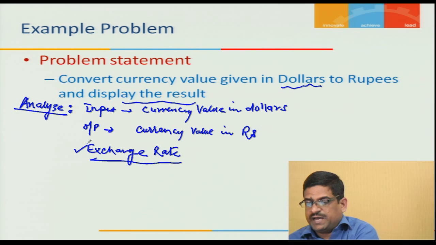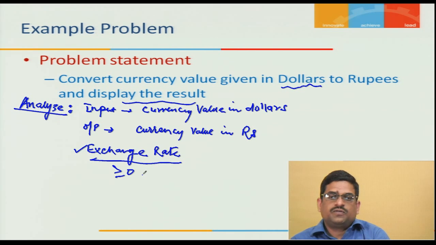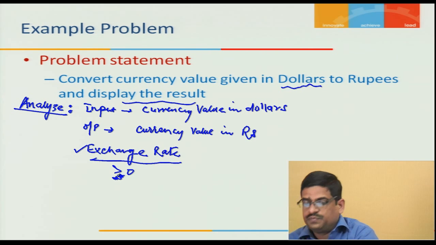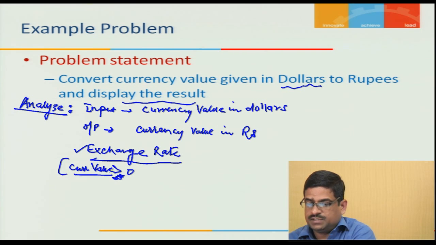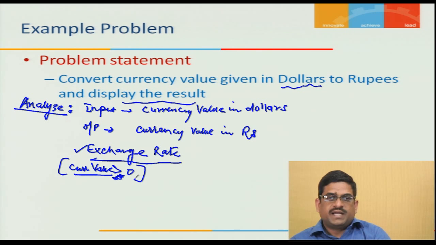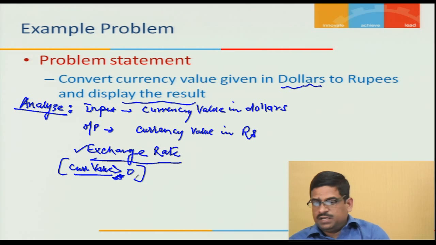The currency value should be greater than 0, then only will some fruitful result come, a currency value in the other currency, from dollar to rupees. So the constraint is that the currency value is greater than 0. So that is analyzing the problem.